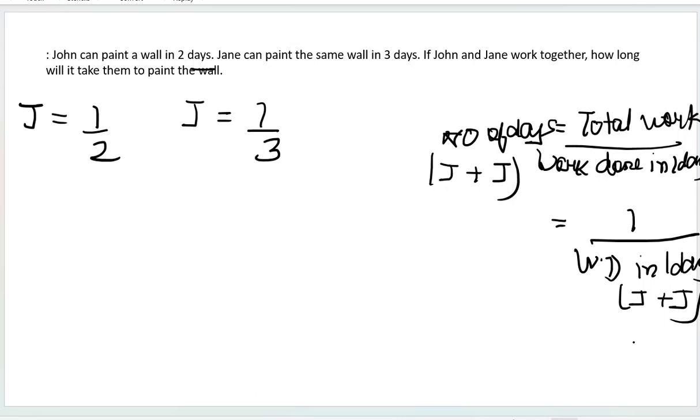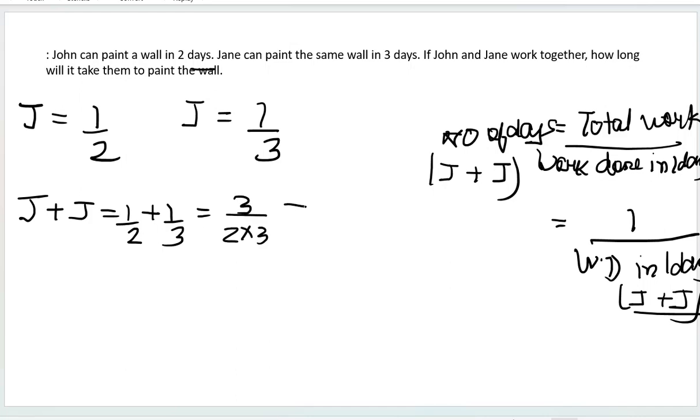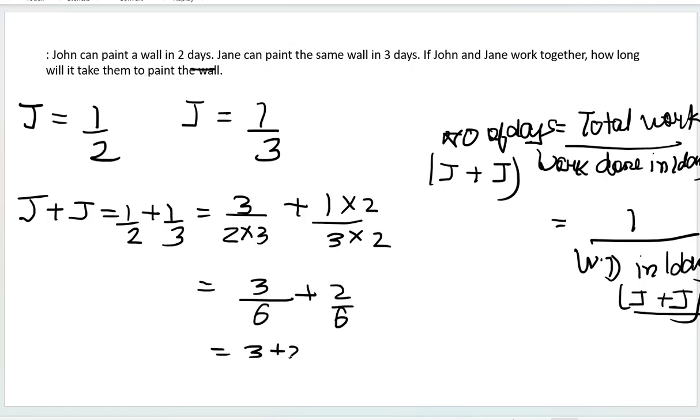Now we need what? John plus Jane. So we find John plus Jane will be 1 upon 2 plus 1 upon 3. To add this, we need to make the bases same. So we cross multiply: 3 into 1 plus 1 into 2 upon 3 into 2. This will become 3 upon 6, and 2 upon 6. This will become 3 plus 2 upon 6, which will become 5 upon 6.